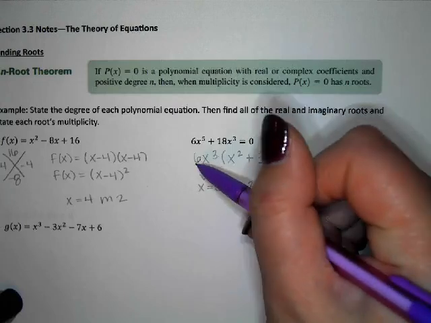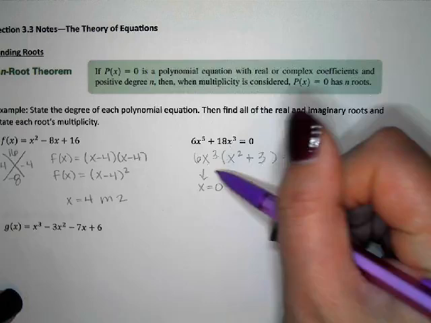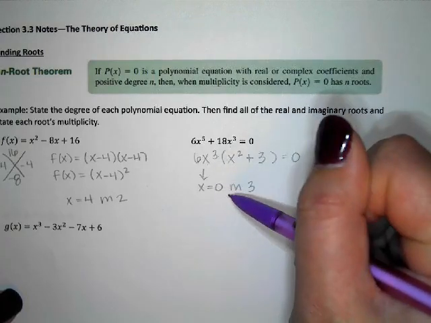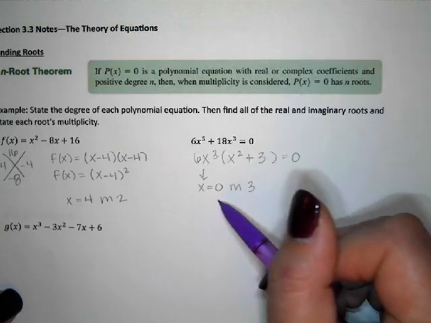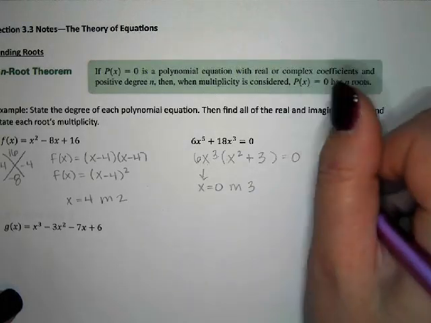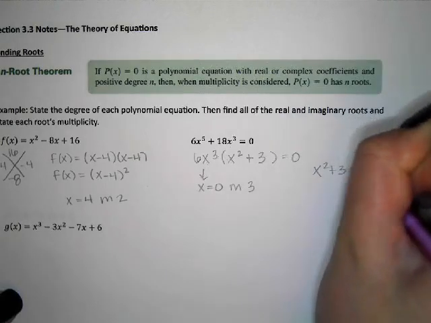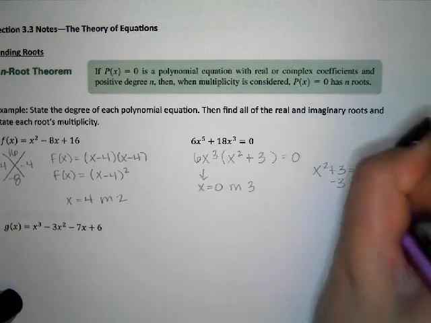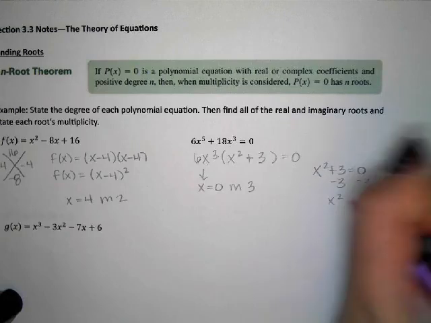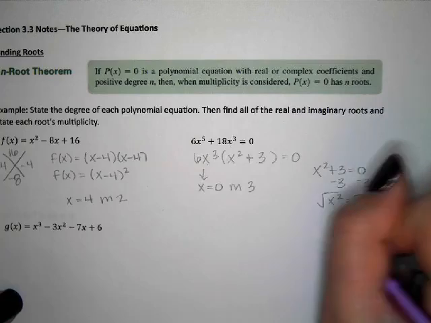If I wrote this out, I could say this is 6 times x times x times x, and each of those x's is an x-intercept of 0. So that's 0 with a multiplicity of 3. That takes care of 3 answers. And then over here, I have x squared plus 3 is 0, and I can subtract the 3 over and square root both sides.